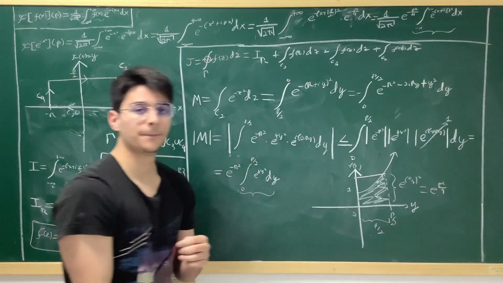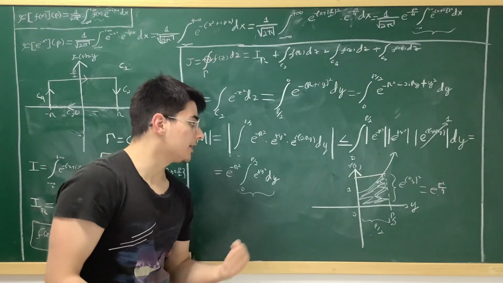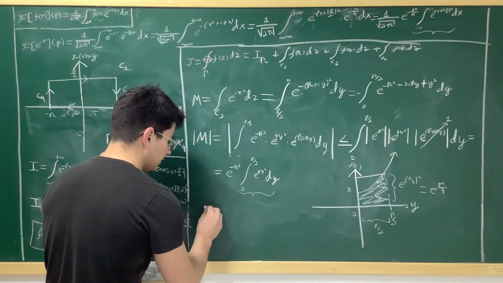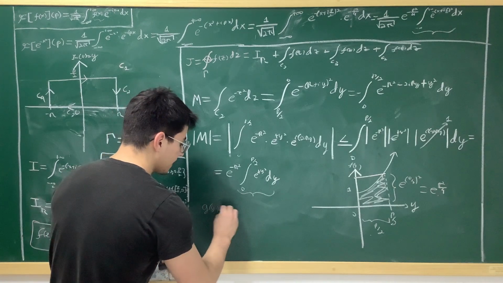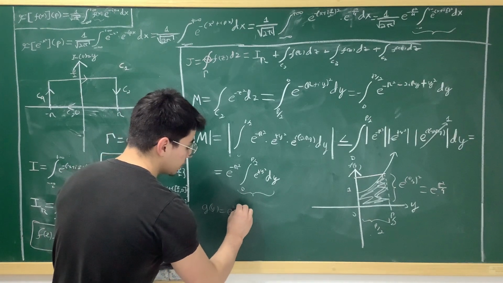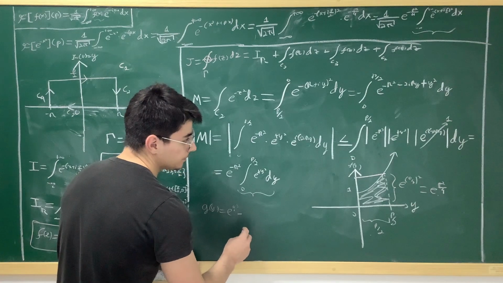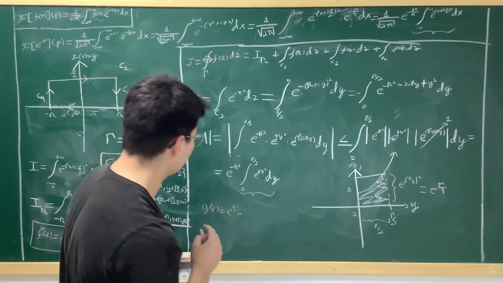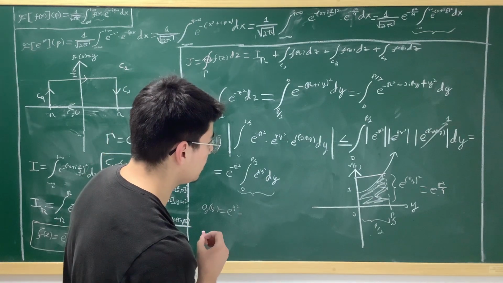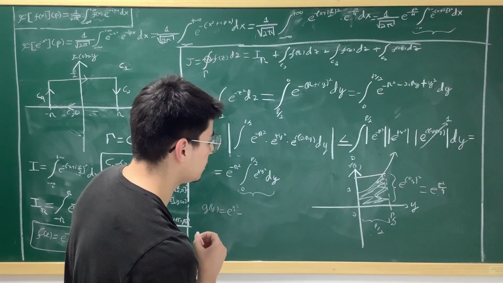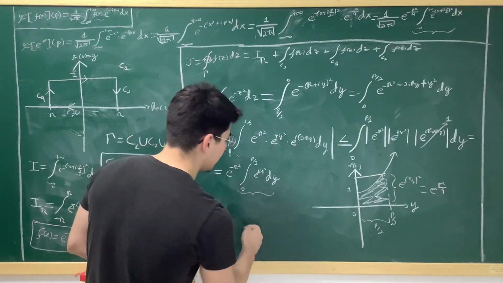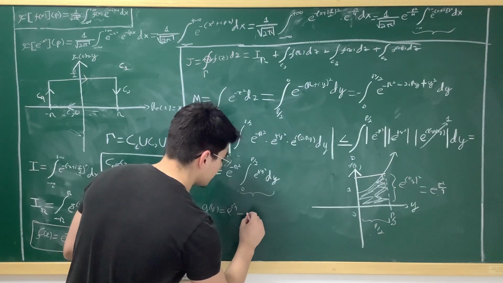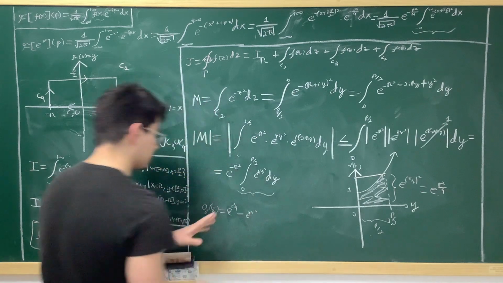times this term. You can do it in a more rigorous way by defining another function, let's say g of y, which would be e to the p squared over 4 minus e to the negative y squared plus y squared, sorry.